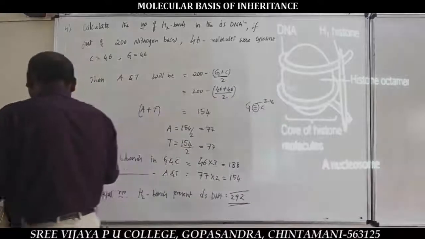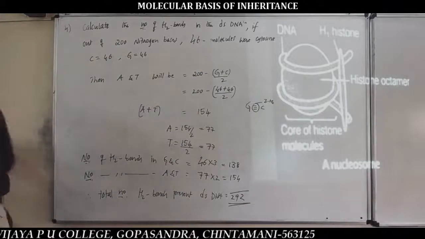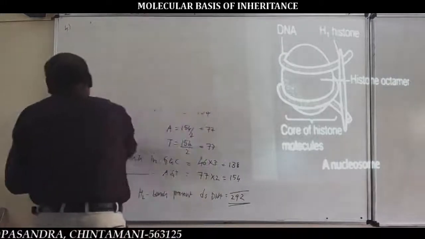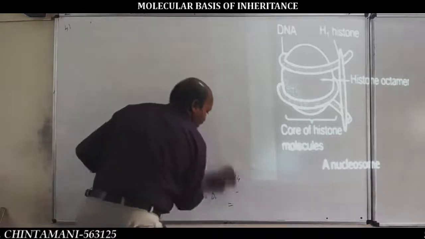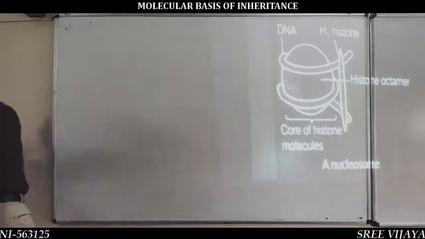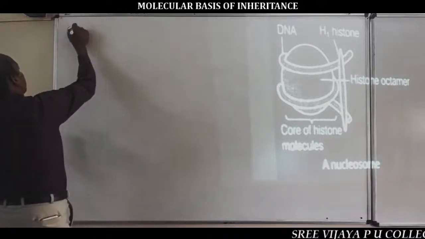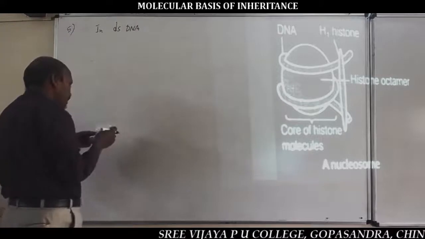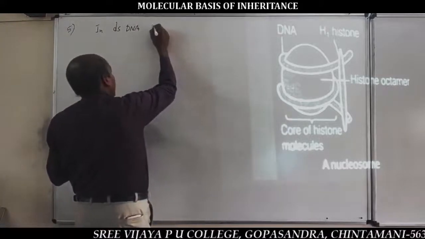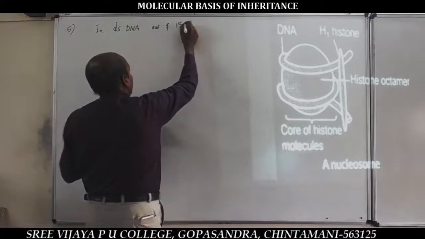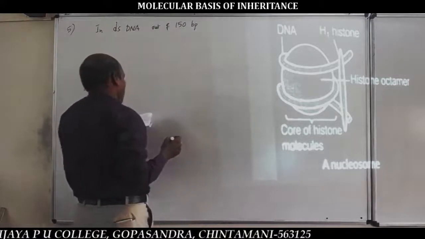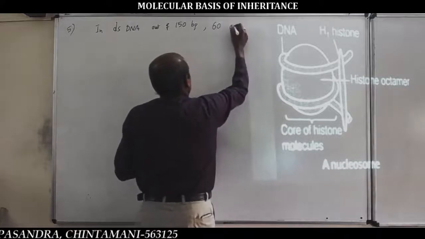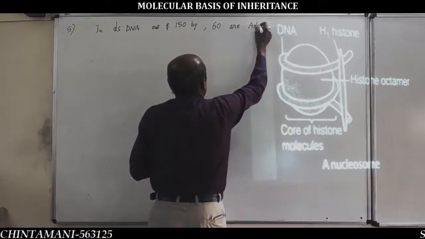And next, one more problem. In the double stranded DNA, out of 150 base pairs, 60 are adenine.